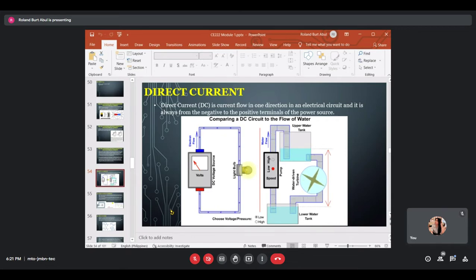Kato sila, produce sila og DC electricity. And the direction of the electrons are moving only in one direction pag nag-on siya. So, constant ra ang iyang value. Pag naka-on ang imuhang DC circuit, so, ingani lang ang flow sa atong electrons.